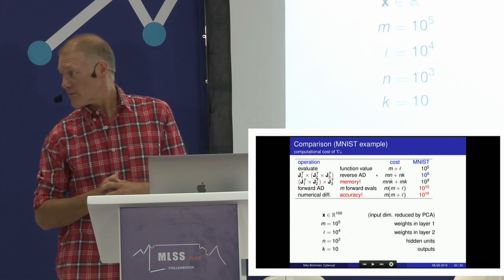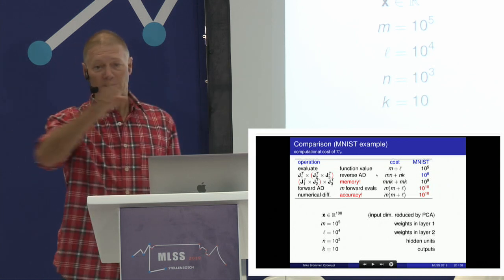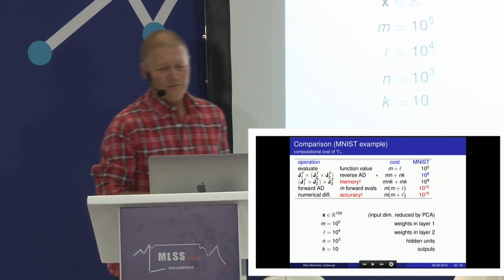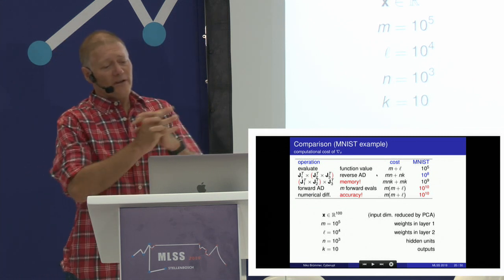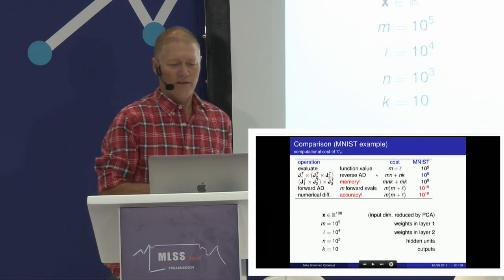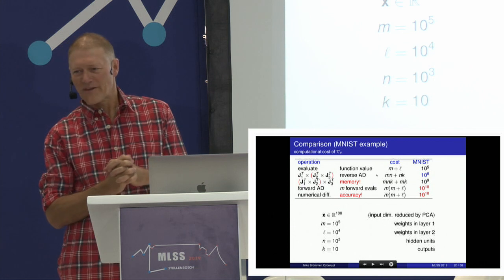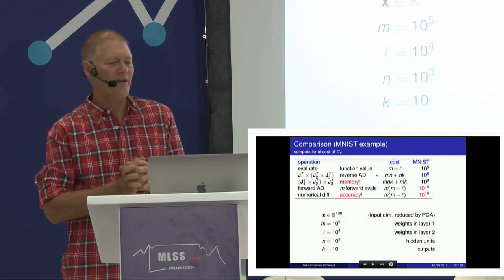The output will have just 10 units, which will be the log probabilities for each of the digits. I've got 1,000 hidden units here, which is maybe a little bit too much, but okay. And we've reduced the, I think it was 28 by 28 input to just 100 dimensions using PCA.